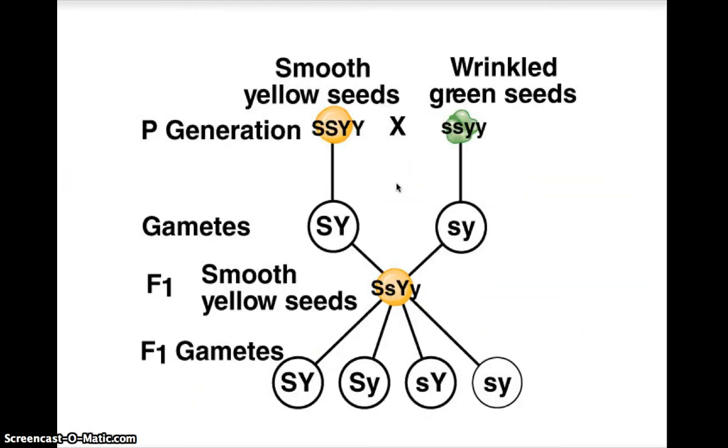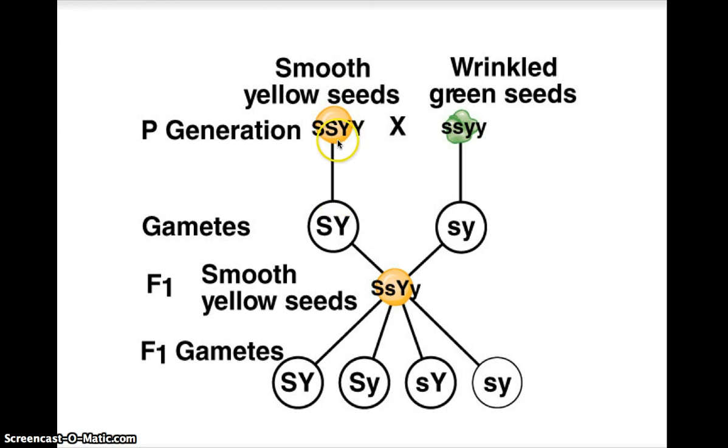When we start looking now at specific traits, we'll use the smooth characteristic and the color yellow or green characteristic. The smooth and yellow are dominant traits, and again these are found on 2 separate sets of chromosomes.